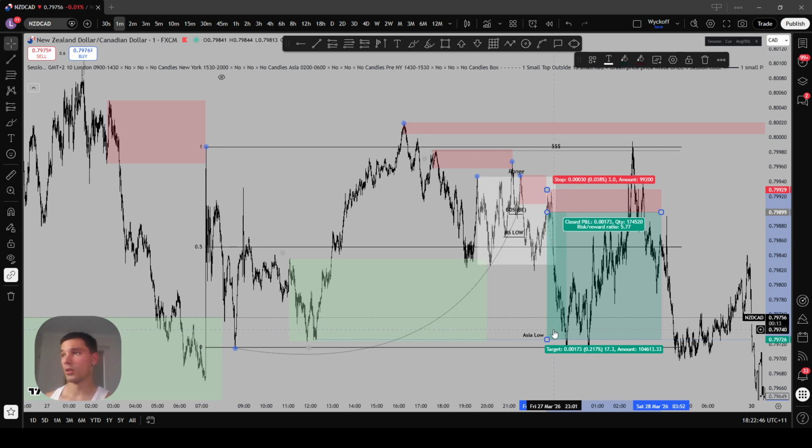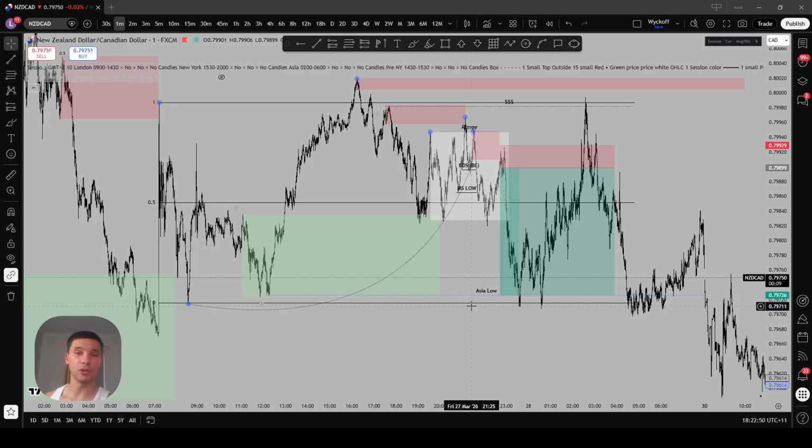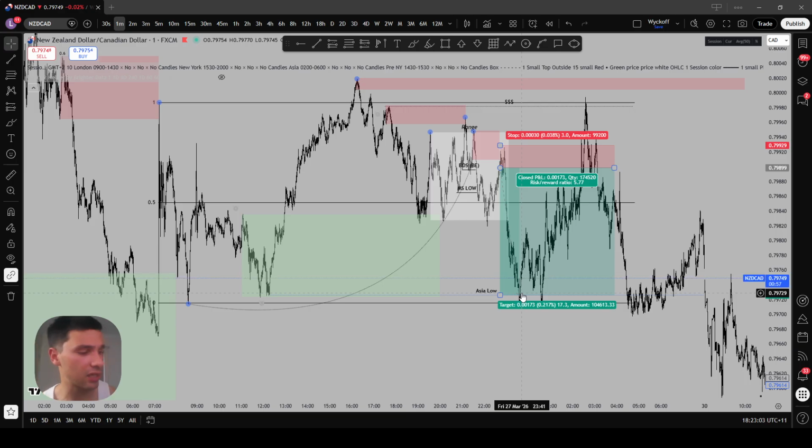I just felt that Asia low was too clean of a liquidity target, and it was right below our range low. I could have seen price front running Asia low and not hitting the range low, but regardless, that's the main reason why I put my TP at Asia low, because it was so close to our range low.